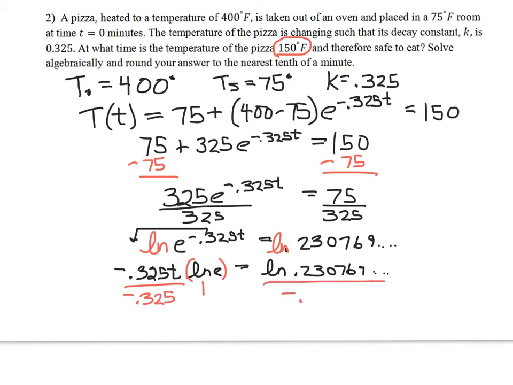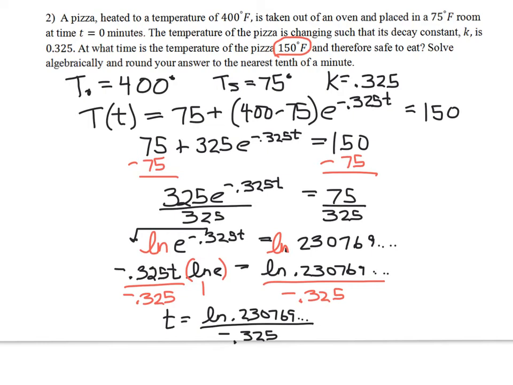So I don't really normally go to my calculator until I've got the t by itself. So t is equal to the natural log of 0.230769 ... all divided by, not a log, but divided by negative 0.325.